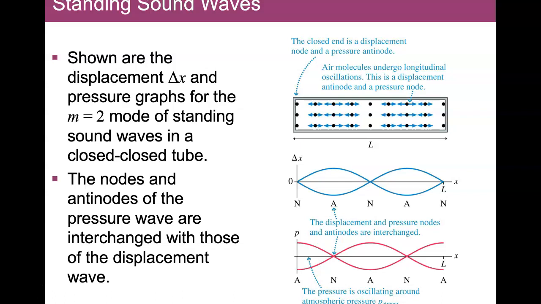So that's this kind of dual picture, thinking about either the displacement of molecules, like here, that's delta x, let's say, graphed as a function of position, so this is the second mode. Or we can think about the pressure wave.